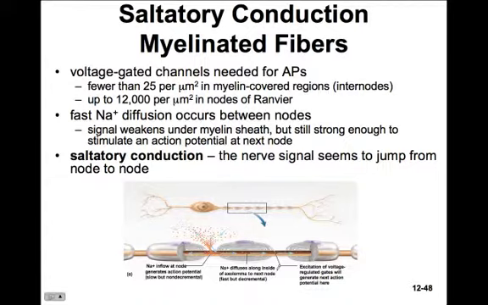So the basic story of saltatory conduction is that the action potential can only be signaled in the nodes of Ranvier where our voltage-gated channels are. In the internodes, there's way fewer channels, so there's way less transport of sodium and potassium, but enough to excite the gated channels at the next node.